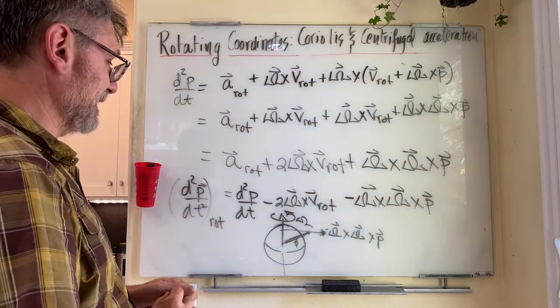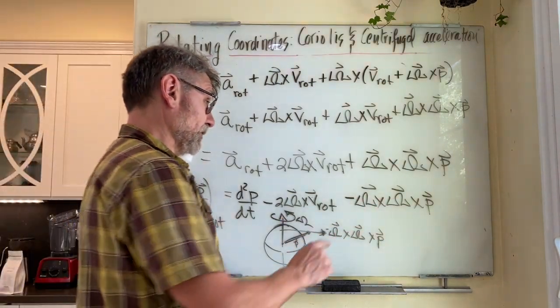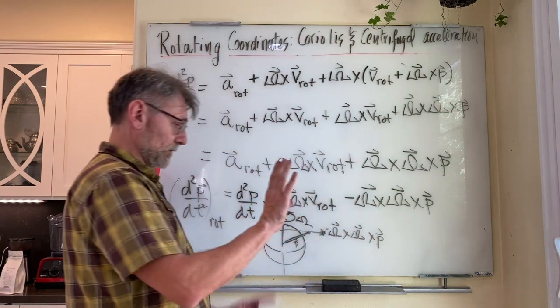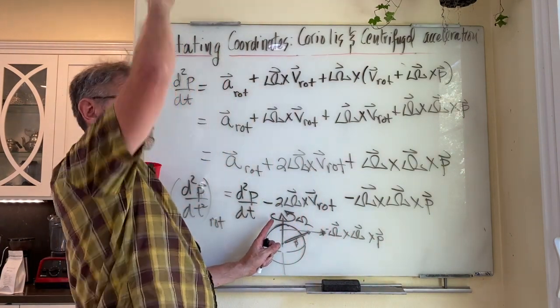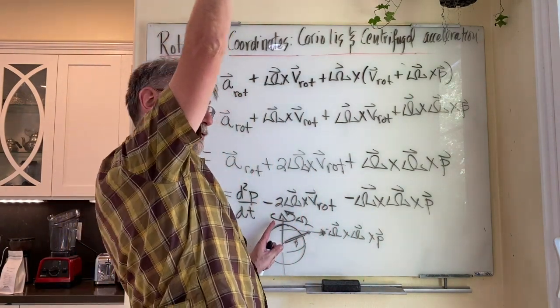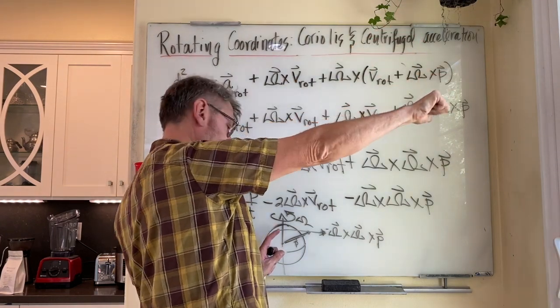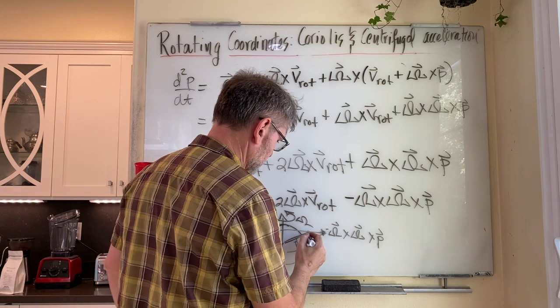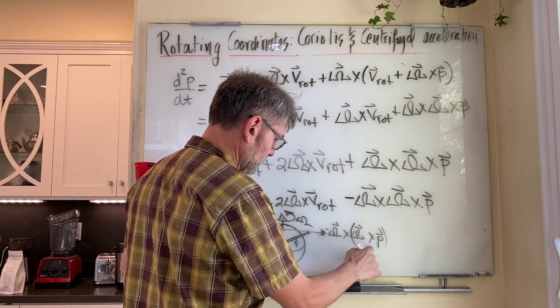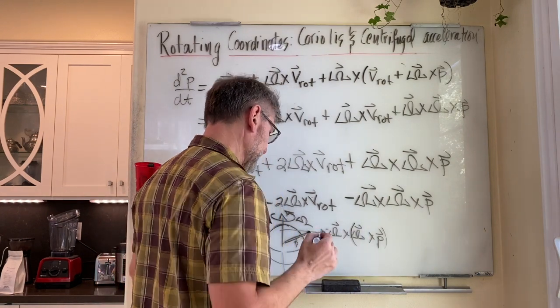So let's check that that's the case. If I do omega cross P, omega is vertical, like my head, and then I sweep it into P. So it's pointing in the direction of my thumb, which is into the board. So this vector omega cross P is now pointing in the direction of the board.